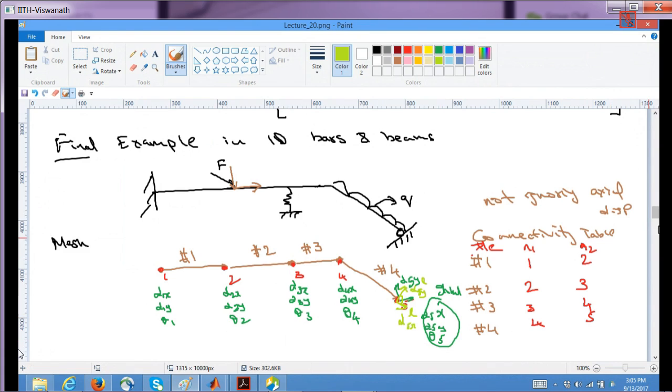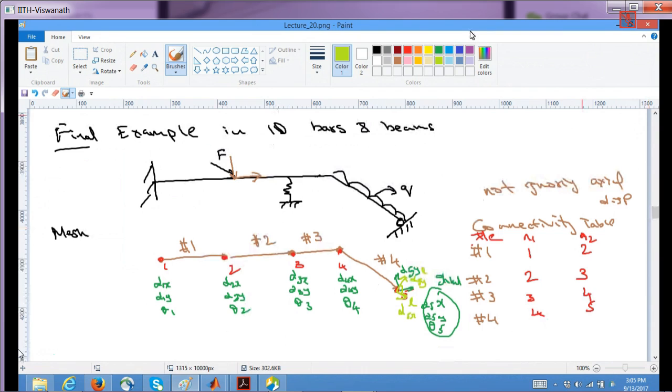So now our degrees of freedom would look like d1 to d3, d4, d5, d6, d7, d8, and I'll still write this as d14 and d15.